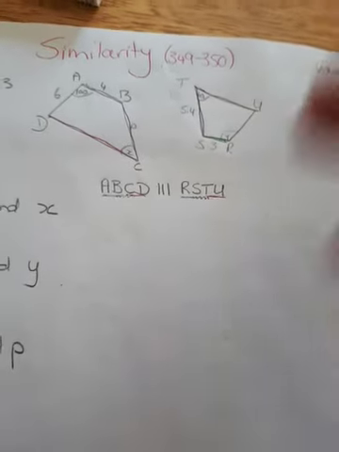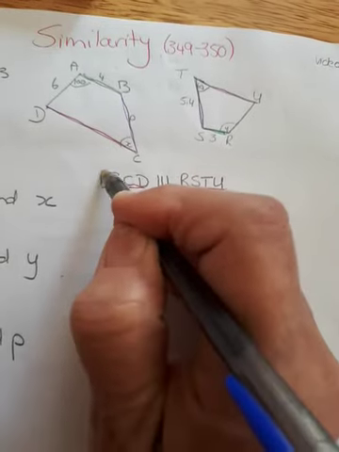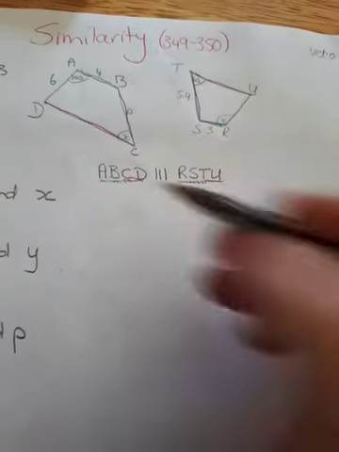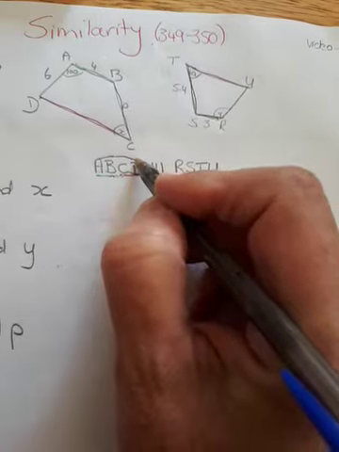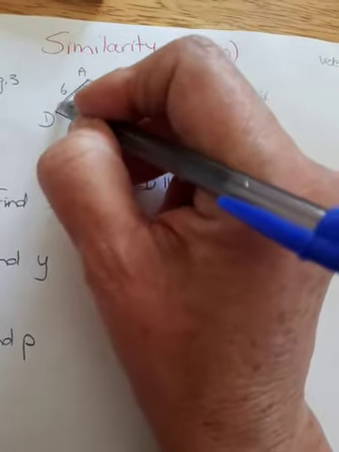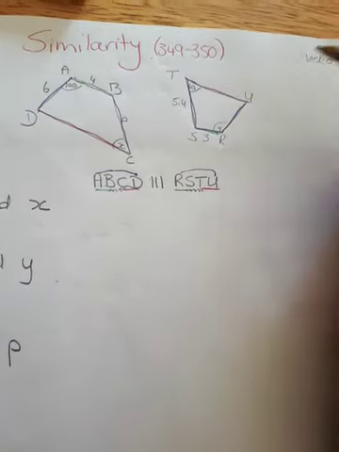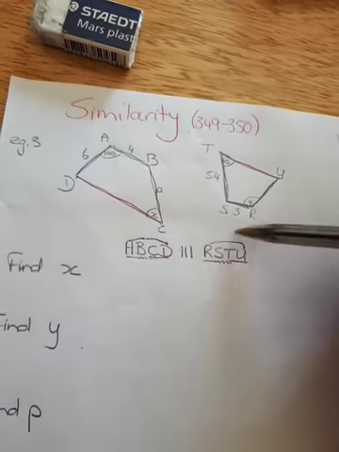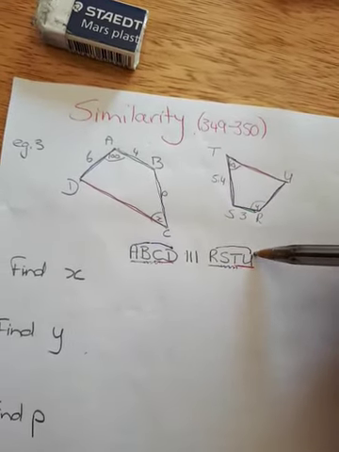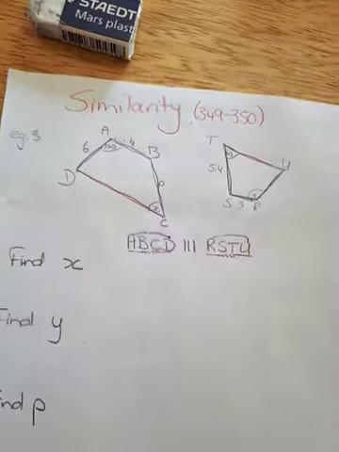And lastly, AD corresponds to RU. And you would also see that I actually draw the line from the letter R to the letter U. Okay, because R and A are corresponding.